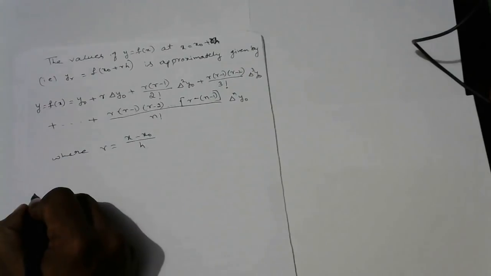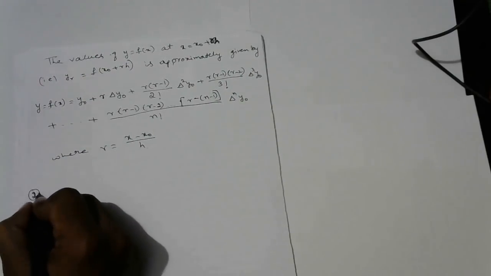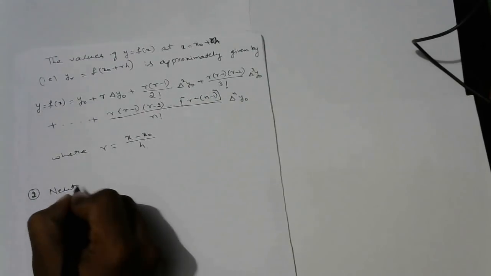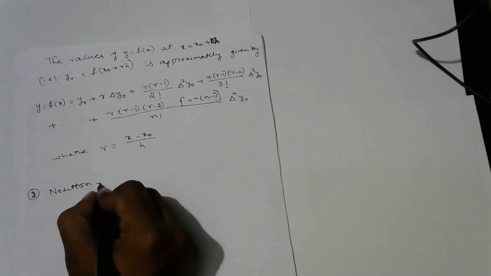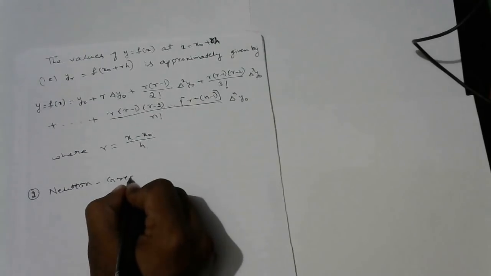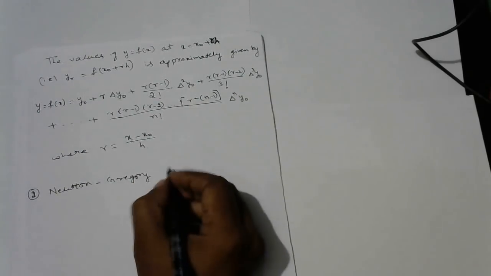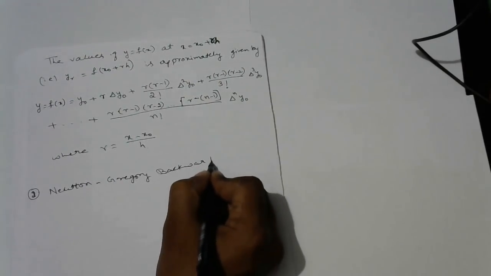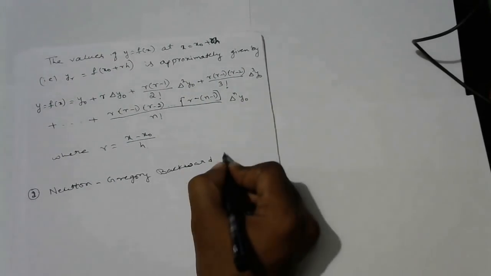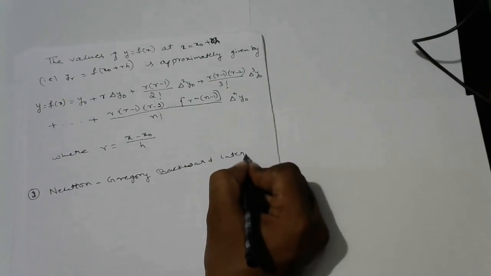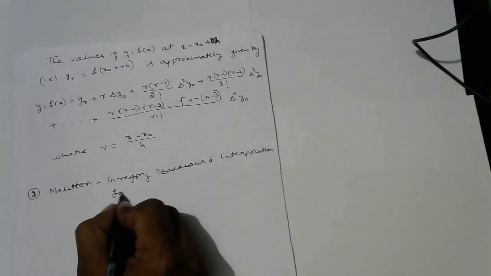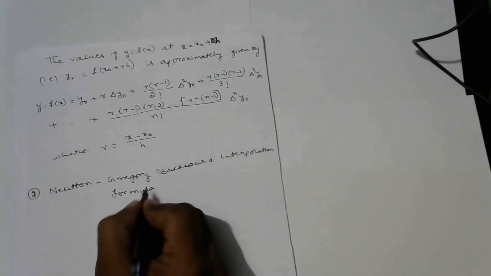Now the second one, the Newton-Gregory backward interpolation formula.